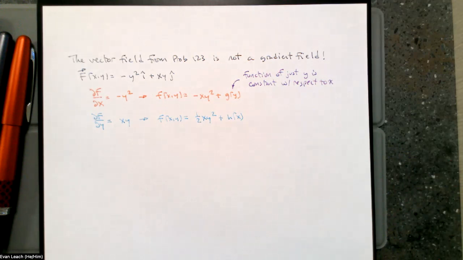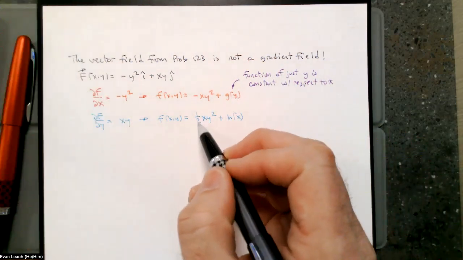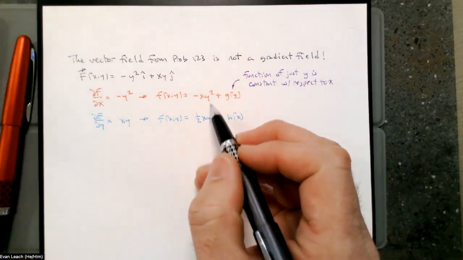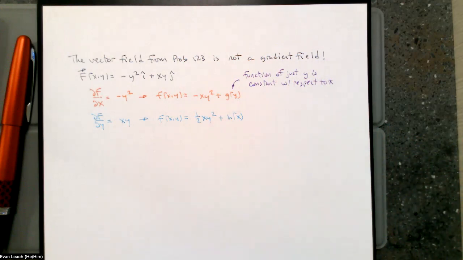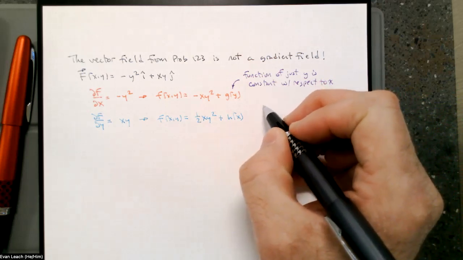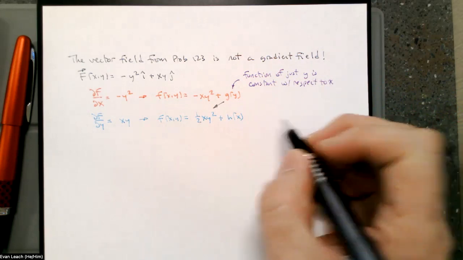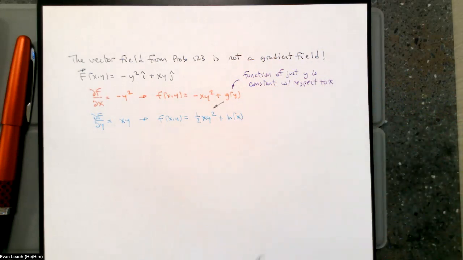The problem is I've got these two different terms. I got this 1/2 x y squared, which is different than a minus 1 x y squared. There's no way to build just one function f out of these two functions. The thing that doesn't match is not just a function of y.